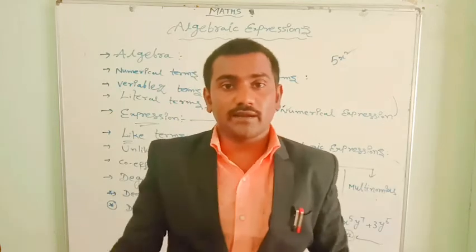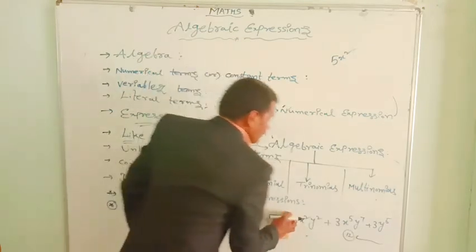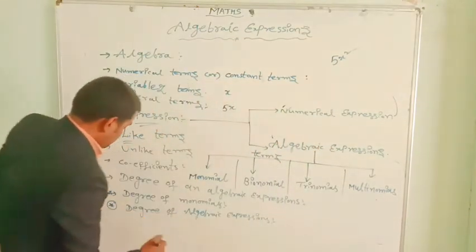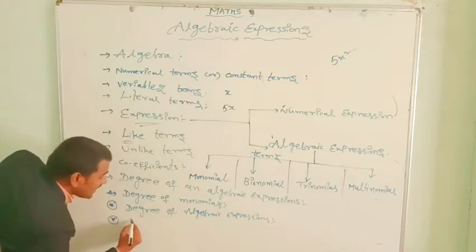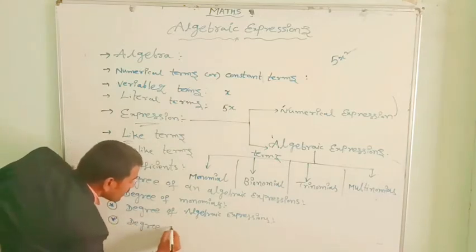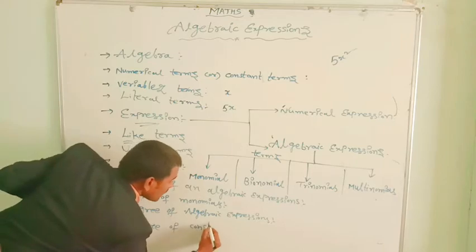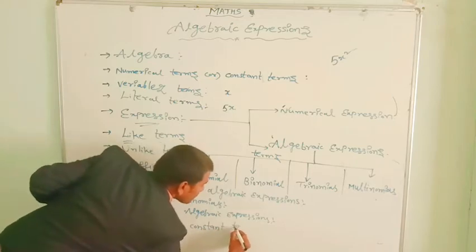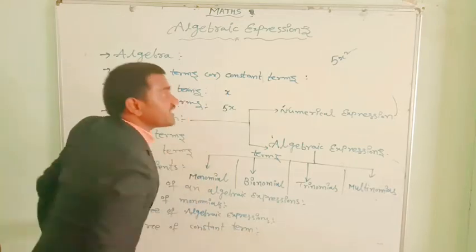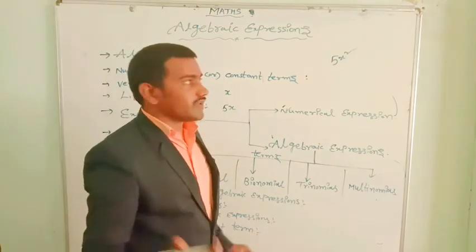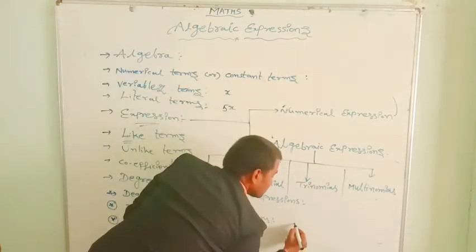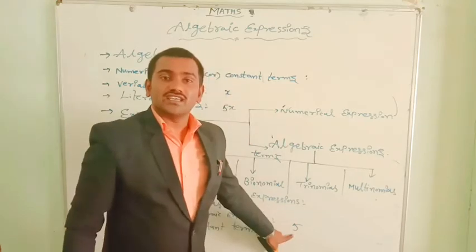I hope you understand. Okay, next, degree of a constant term. Constant term, we already know. Here 5 is a constant. What is the degree of this?